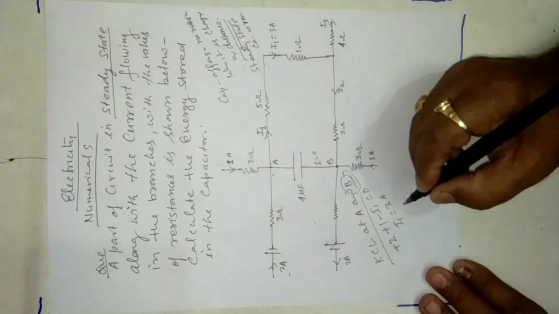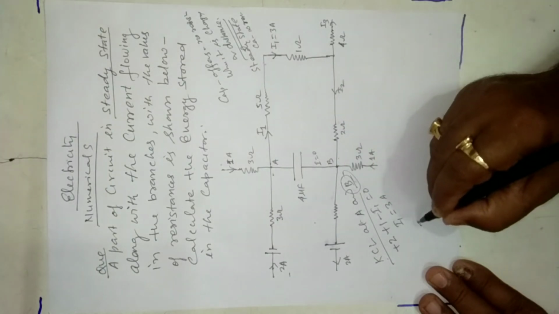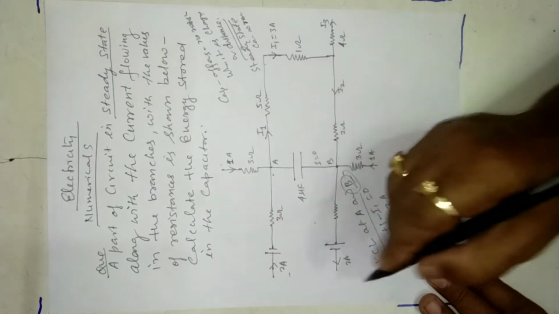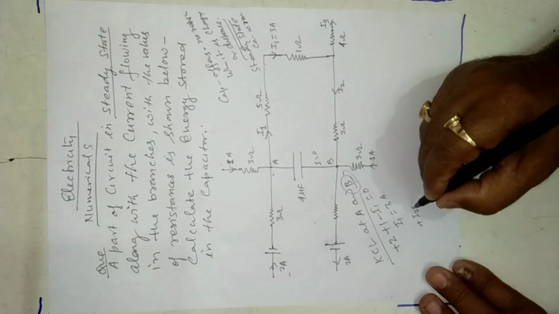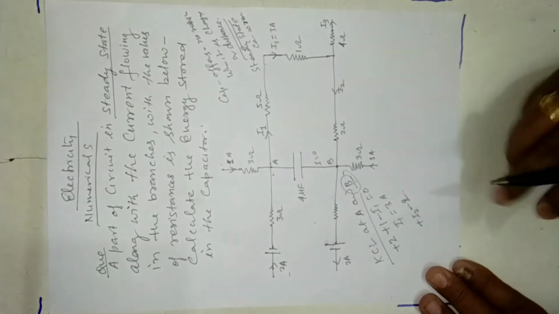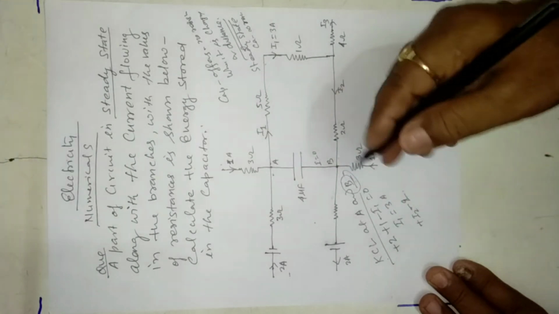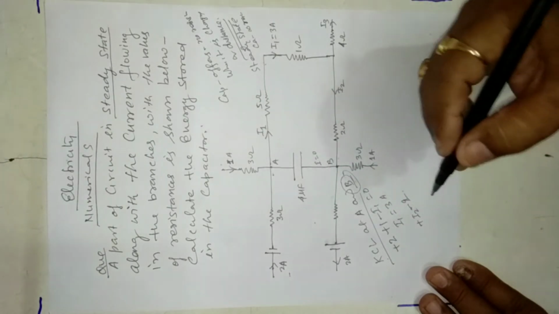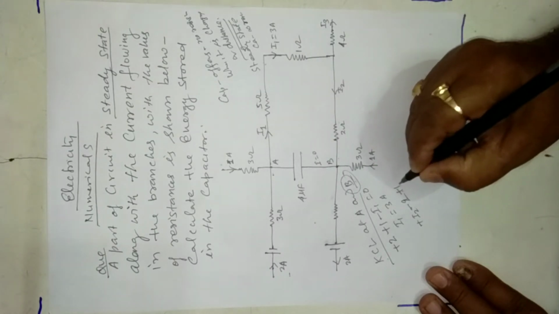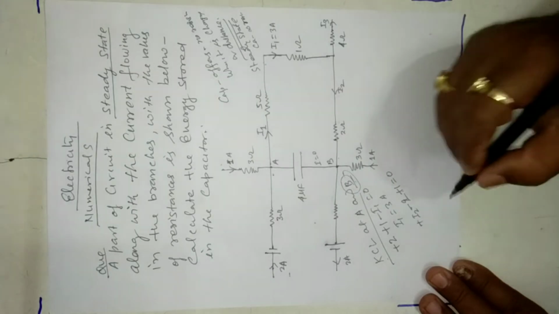So again we will use here, since I2 is coming towards the point, so it is plus I2, and this current is leaving, therefore it will be minus 2 ampere, and you can see from here I1 is coming towards point B, so again it will be taken as +I1.